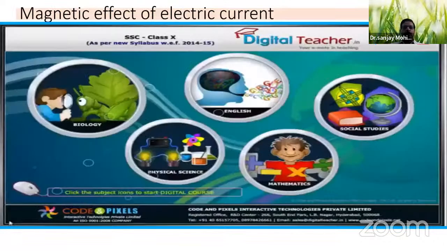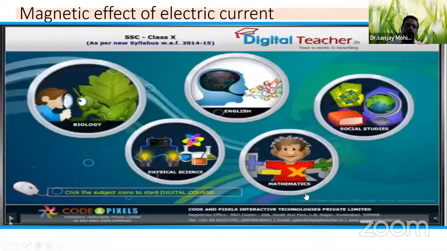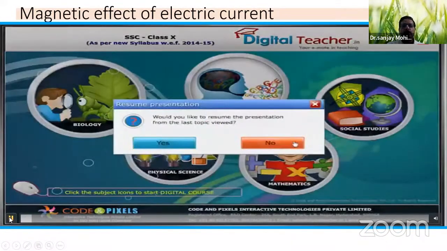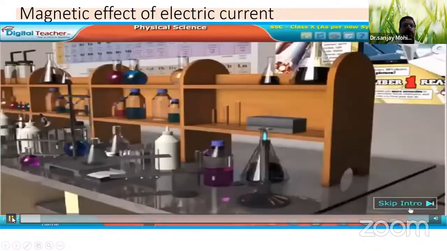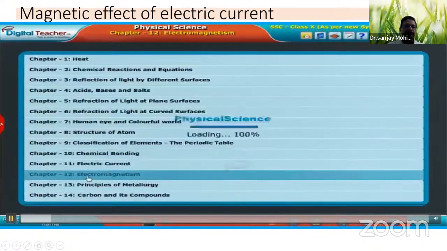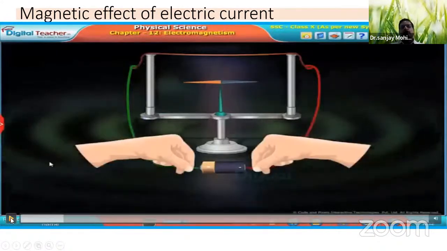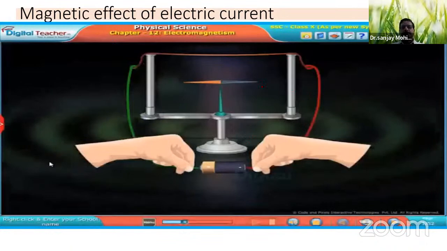Now, in this video, we are going to explain the concept called the magnetic effect. Now, as you see in this diagram, this is the complete electric circuit.